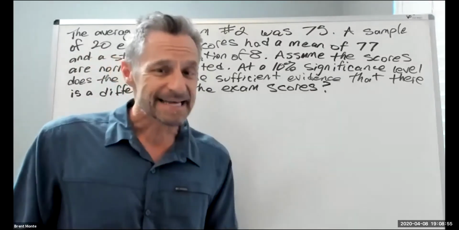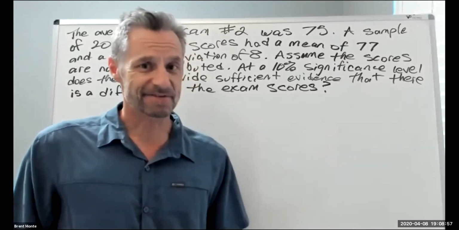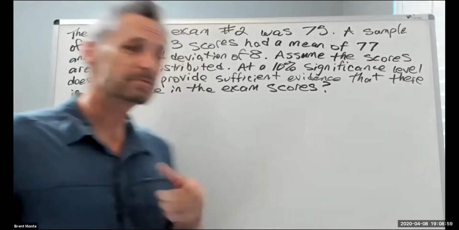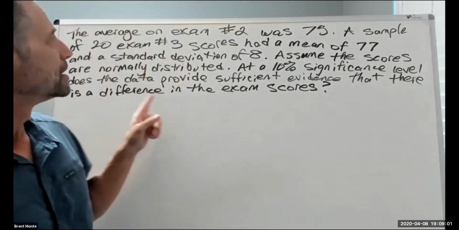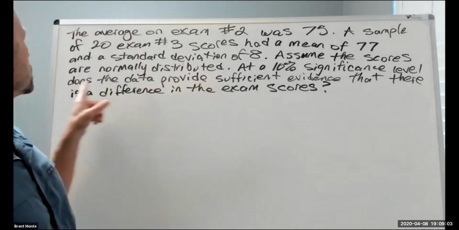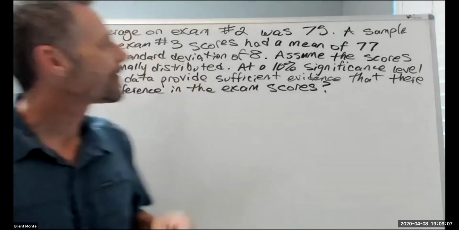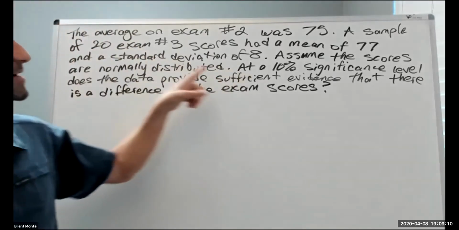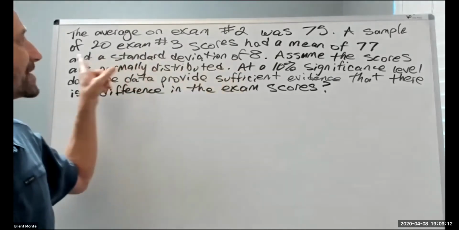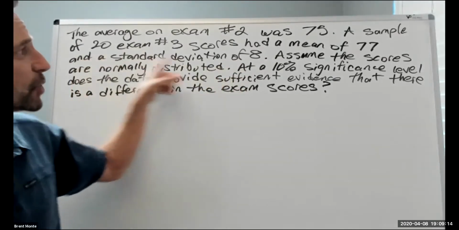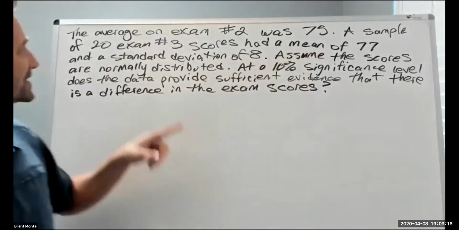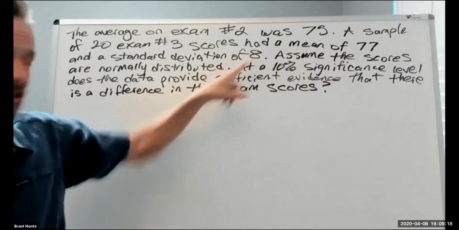Remember, for a z-test, we know the population standard deviation sigma. This problem specifically says a sample of 20 exam number 3 scores had a mean of 77 and a standard deviation of 8. Well, that's the sample size 20, sample mean 77, and sample standard deviation 8.